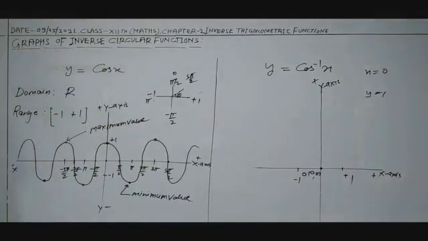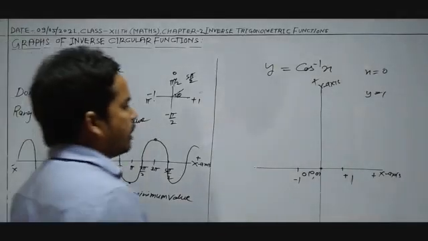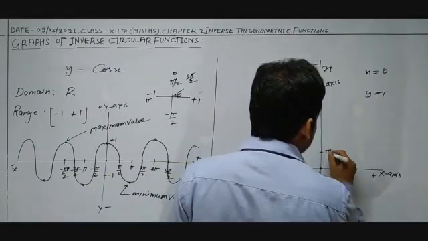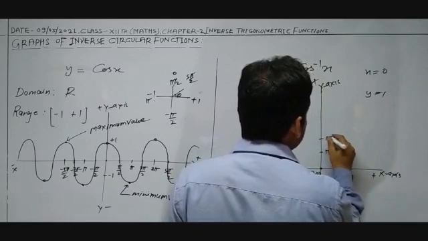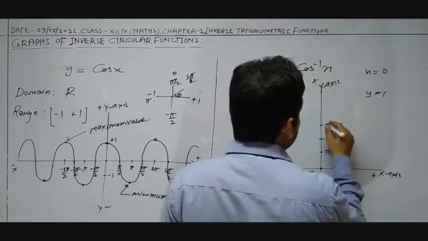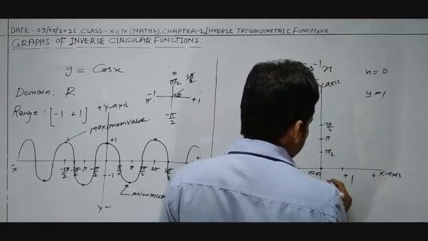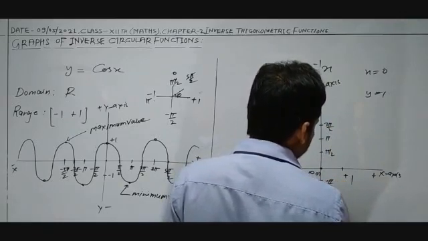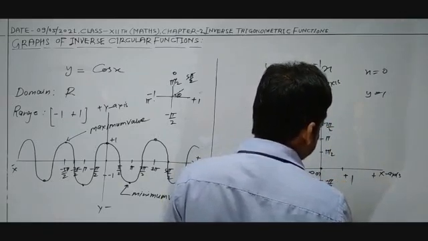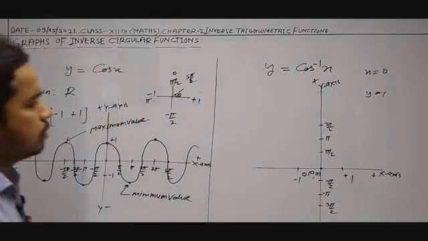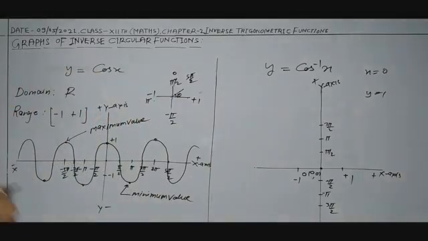So similar graph, draw the points on y axis, 0, this is pi by 2, this is pi, this is 3 pi by 2, similarly minus pi by 2, minus pi, minus 3 pi by 2, and there will be many points here.